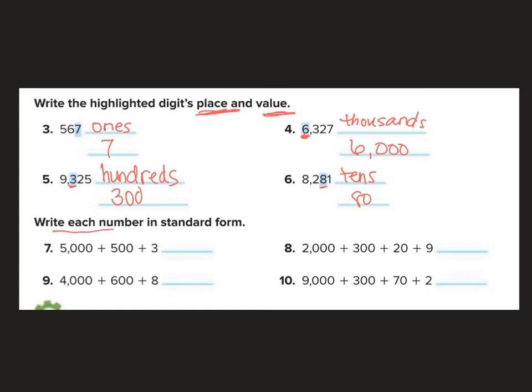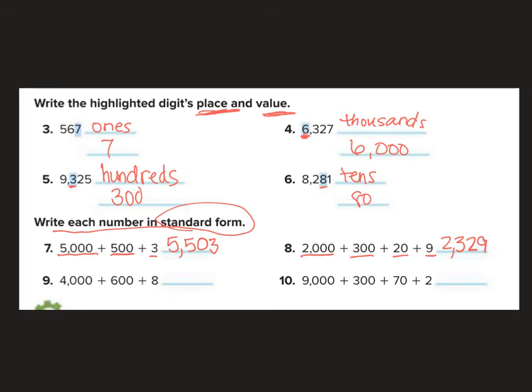Down here it says write each number in standard form. That's just the numbers we've been working on that we know. We're counting numbers. So we have 5,503. So I need a 0 in the tens place because there aren't any tens. And then I need to put my 3 down. Here, number 8, we have 2,329.